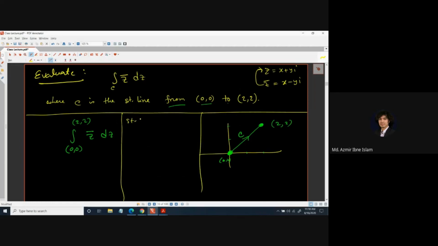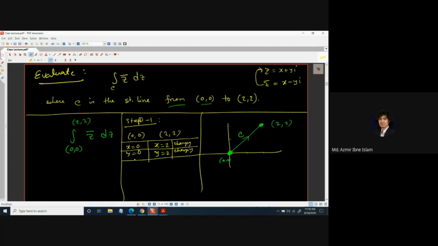So step 1. Our points are 0, 0 and 2, 2. You can see x equals 0 and y equals 0 from the first point, and from the second point we have x equals 2, y equals 2. So have a look here. x is changing from 0 to 2, and y is also changing from 0 to 2.